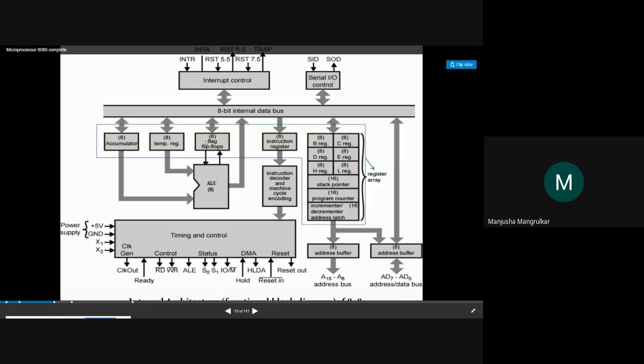According to that, the flag status is given to the flag register, and the result is stored back into the accumulator. So the accumulator is also bidirectional. This is the basic architecture diagram of our microprocessor 8085, right?